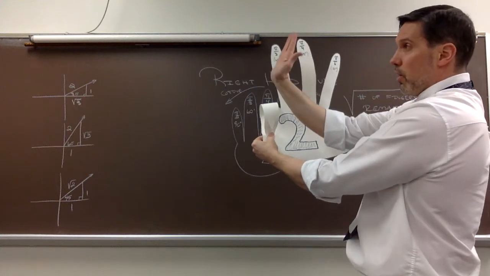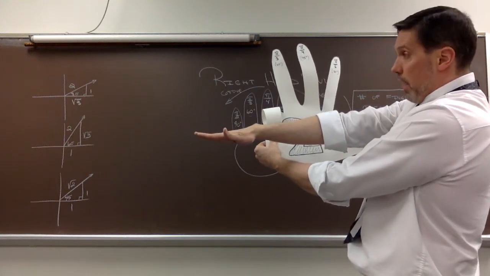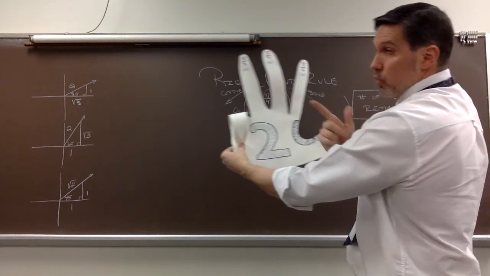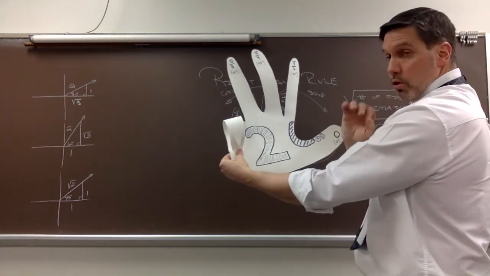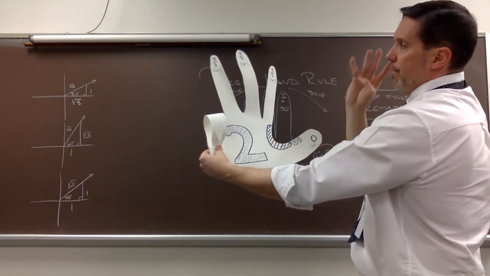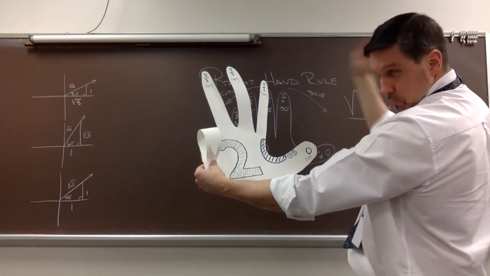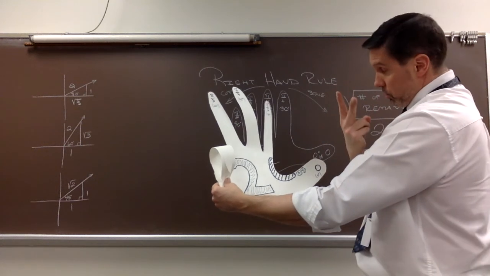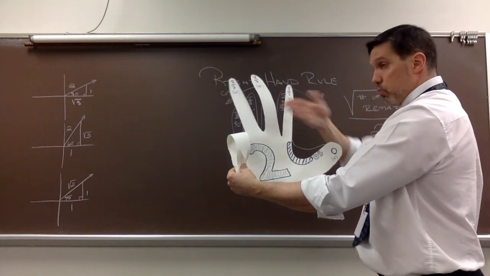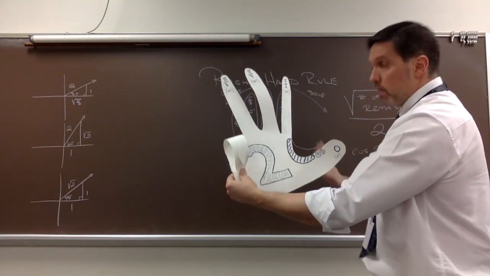Well, clearly there are 0 fingers to the left. So the cosine of 90 would be the square root of 0 divided by 2, or just 0. Whereas the sine of 90 would be 4 fingers to the right. Square root of 4 is 2. 2 divided by 2 is 1.